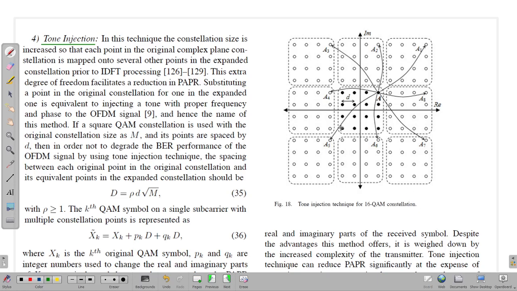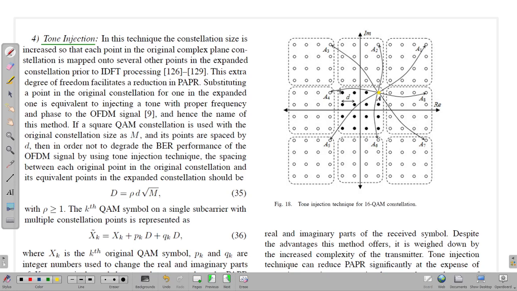This was originally a 16 QAM constellation, so it has 16 constellation points, 16 symbols mapped onto it, and a point on this constellation is mapped onto several other points in an expanded constellation.